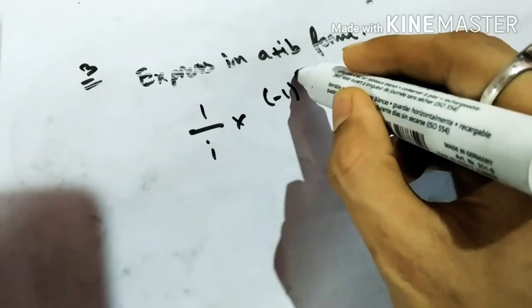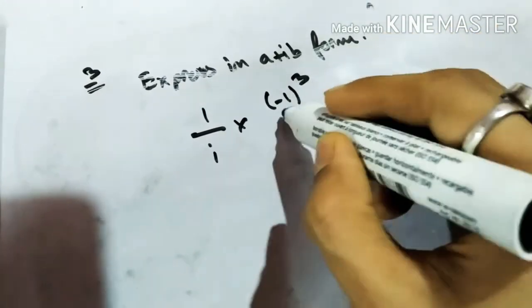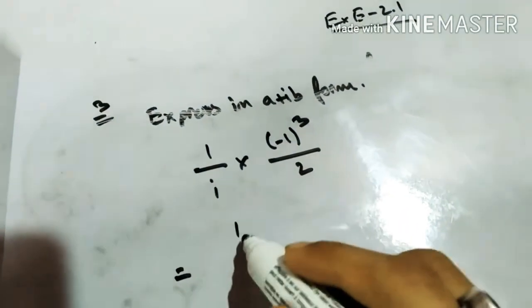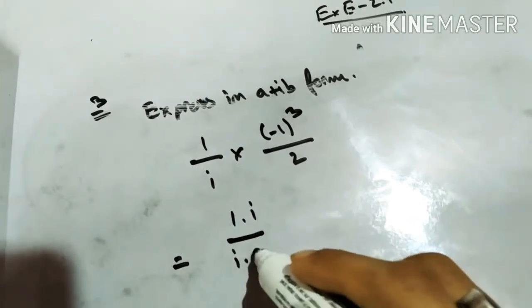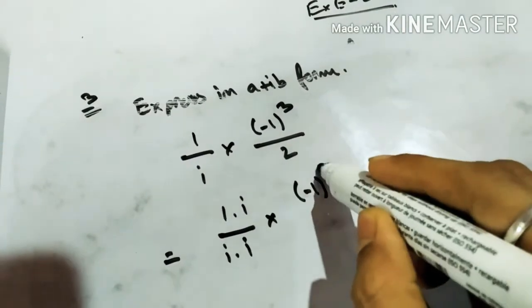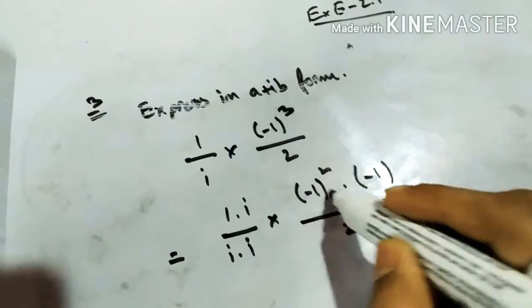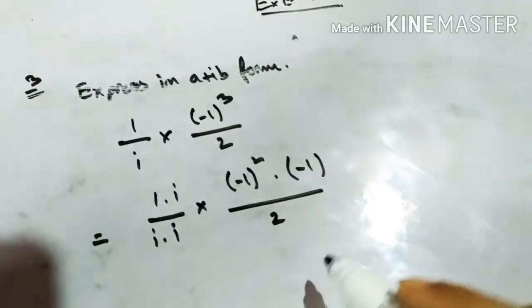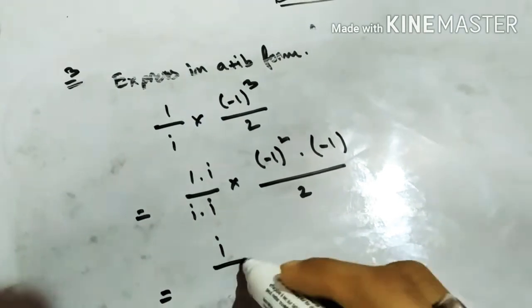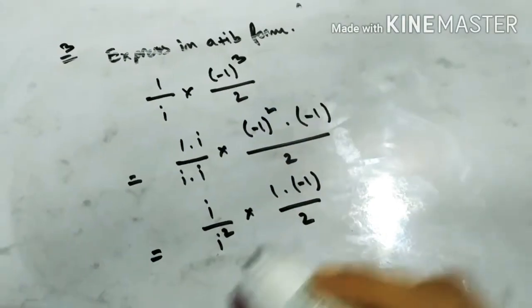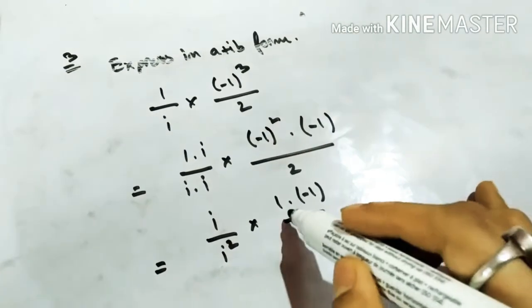Question number 4: (1/i)(−1)^(3/2). Now I can write this as (1 × i)/(i × i) times ((−1)²)^(...) into −1/2, like this. So I will get i/i² into 1 into −1/2. (−1) to the power 2, I will get 1.